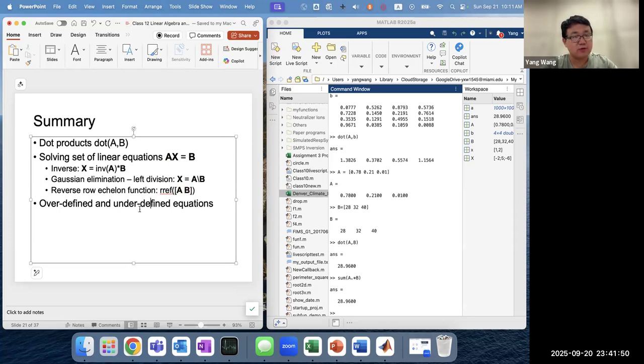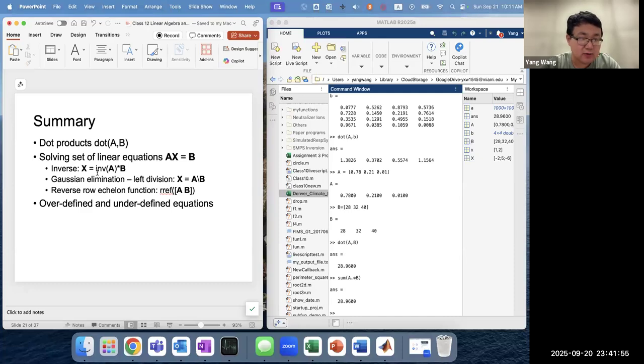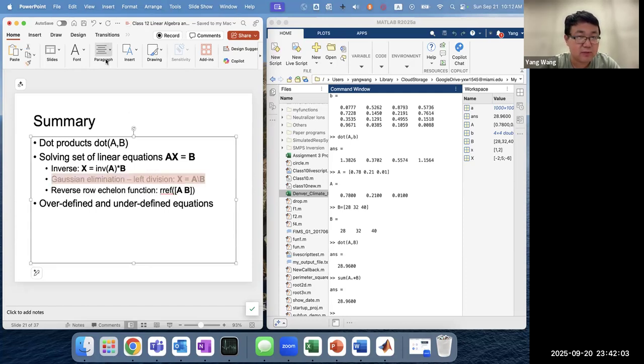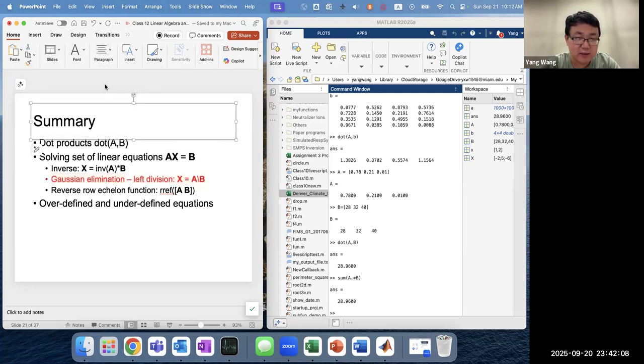There are different ways to solve sets of linear equations. You can use the inverse method. You can use Gaussian elimination, which is the left division method, and we actually prefer the left division method. Then there is the reduced row echelon function, which cancels all different terms on the left-hand side, so you can directly get the answer from the matrix.